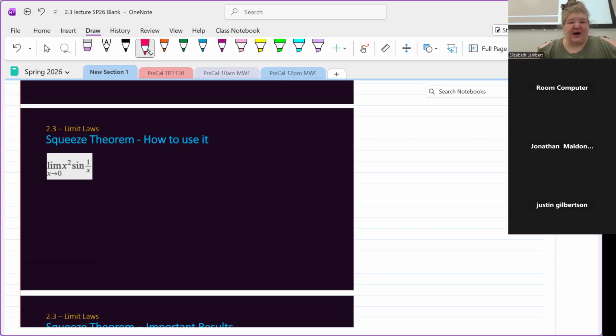So the first thing I find when you're looking at these is to pop over to Desmos and see what the heck it looks like. Now that is just weird looking.